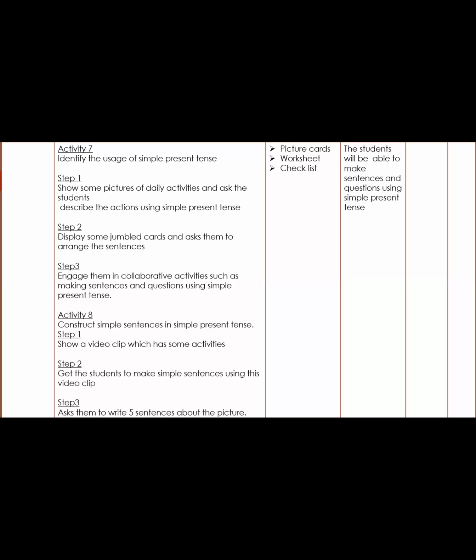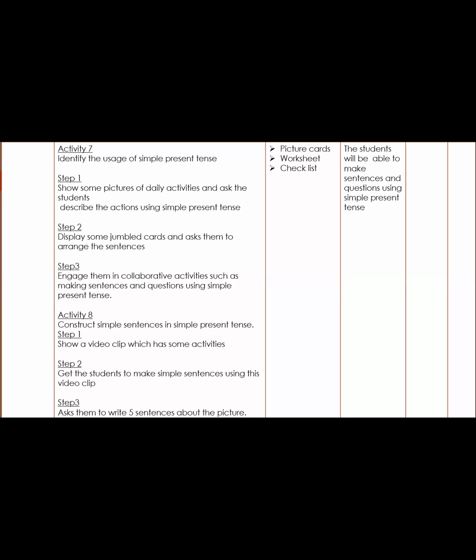Show some pictures of daily activities and ask the students to describe the action using simple present tense. Step 2, display some jumbled cards and ask them to arrange the sentences. Step 3, engage them in collaborative activities such as making sentences and questions using simple present tense.